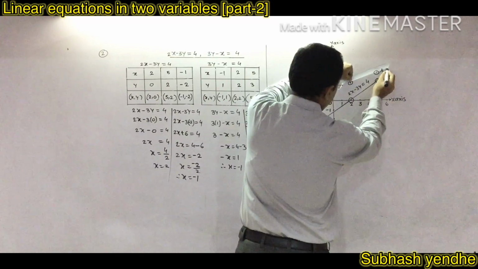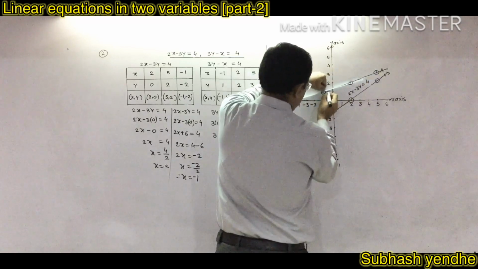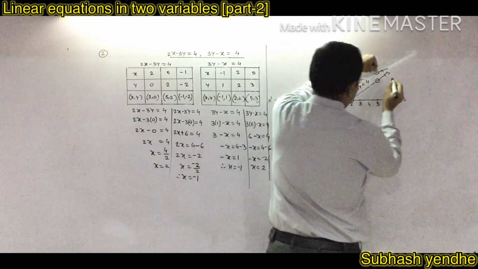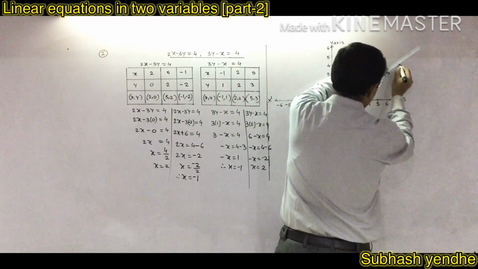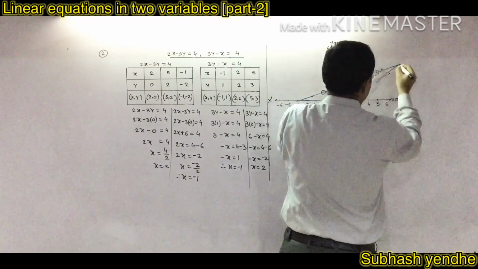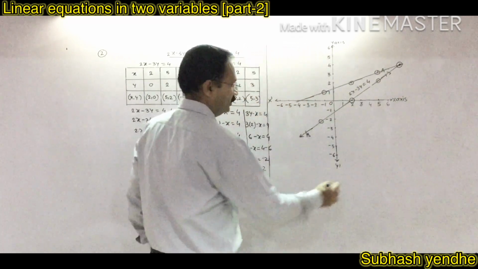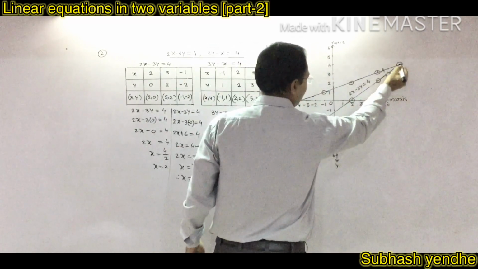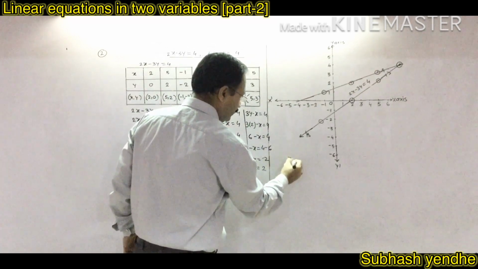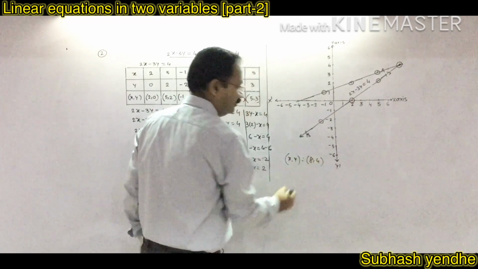You will get this line, and these two lines are intersecting each other at this point. Therefore, the solution for these equations, here we will find that 8 is there and this is 4. So the equation solution is 8 and 4.